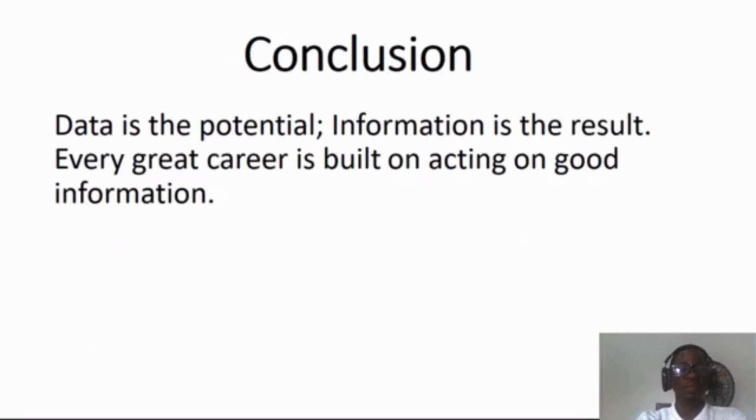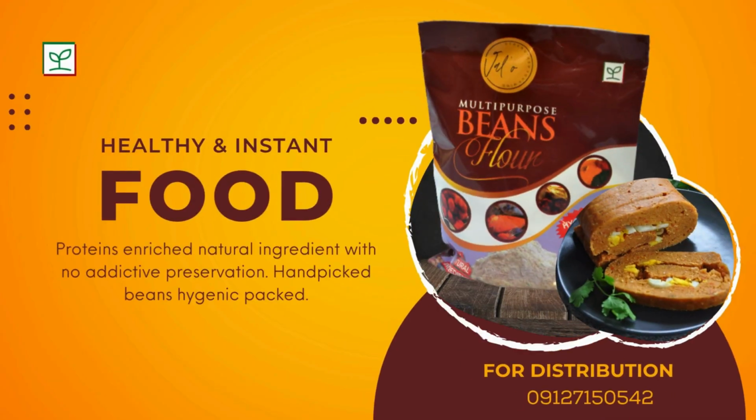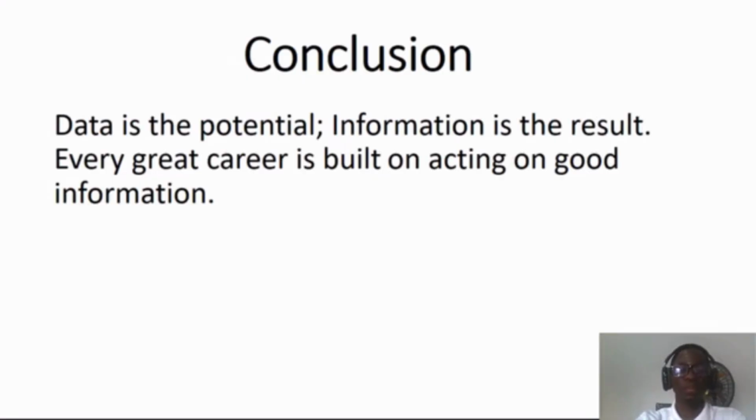So now, in conclusion, data is very important in our everyday life, in every field, because without data we cannot make decisions based on what we want from a person, individual, or a thing that we need a solution on. Information is the result. Every great career is built on acting on good information.